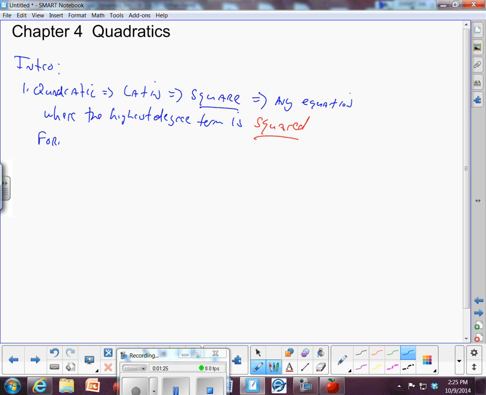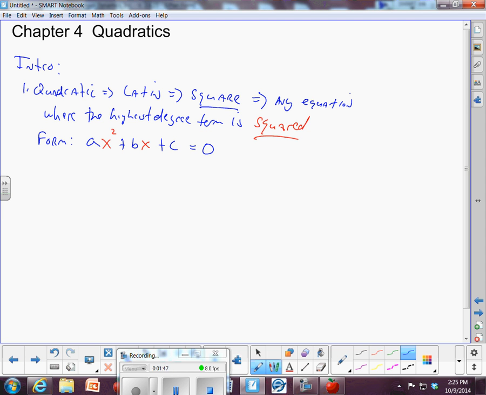Here's the form. This is what they'll normally look like. A x squared plus B x plus C equals 0. All right, this is standard form for a quadratic equation.